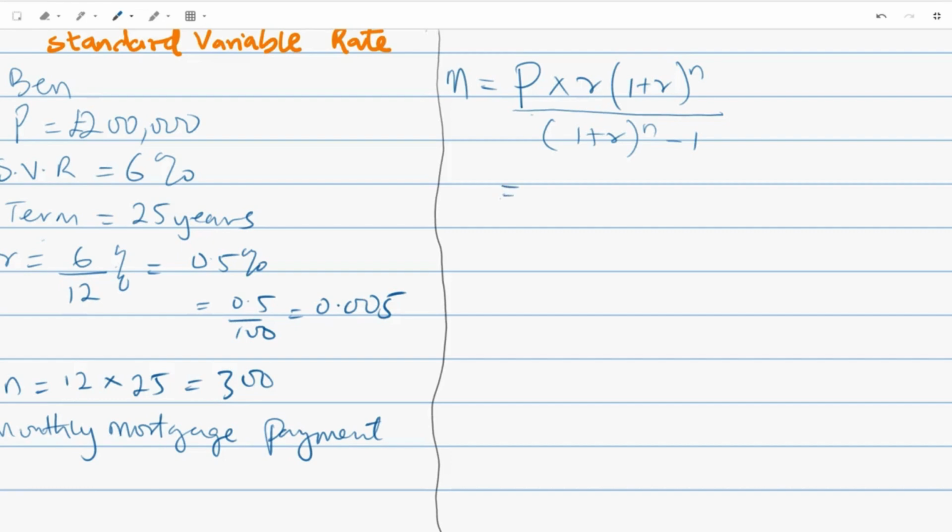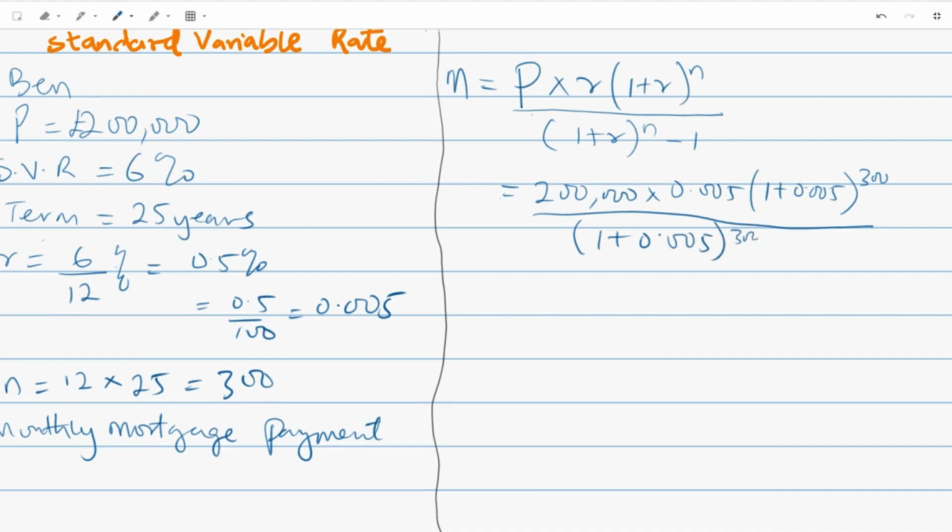So, keying these figures into these parameters, we have 200,000 times 0.005, times (1 plus 0.005). Don't forget to always put that 300 there, remember the N, over (1 plus 0.005) to the power of 300, minus 1.